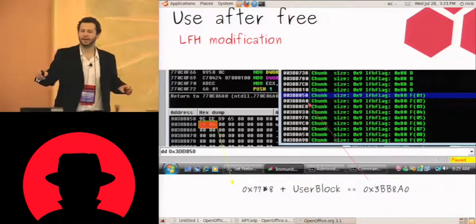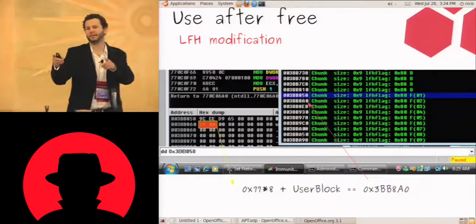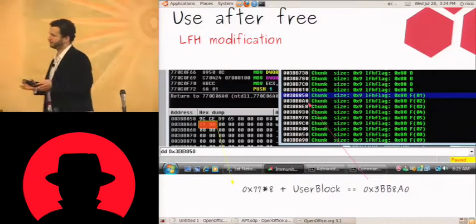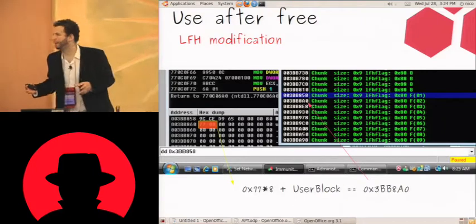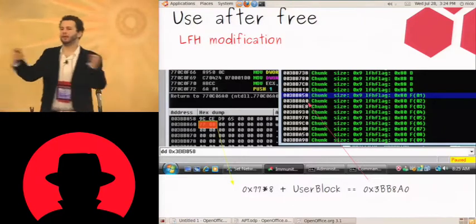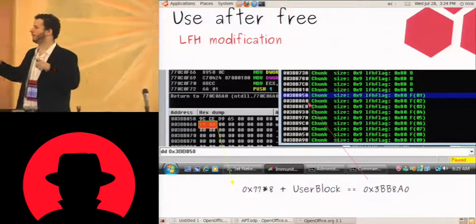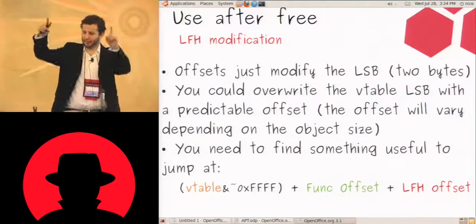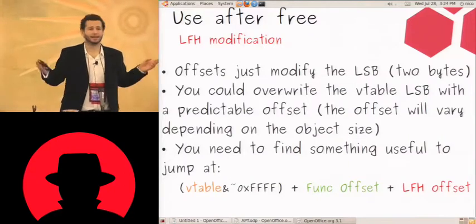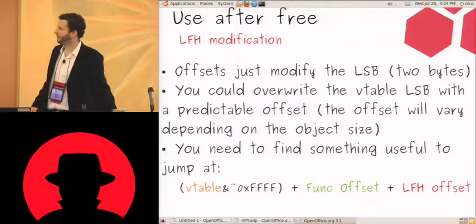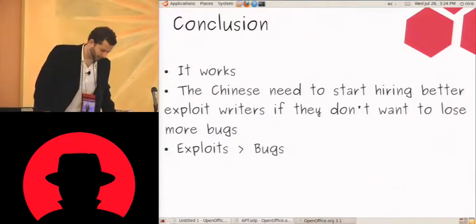So you can kind of predict what the low significant bytes will be replaced with, or you can actually enforce that. So in that way, when you trigger the B table, it's going to point to something that you know is going to kind of control it, and it will be calling something inside the beginning of the DLL, and that somehow points to something you control, like heap spray.